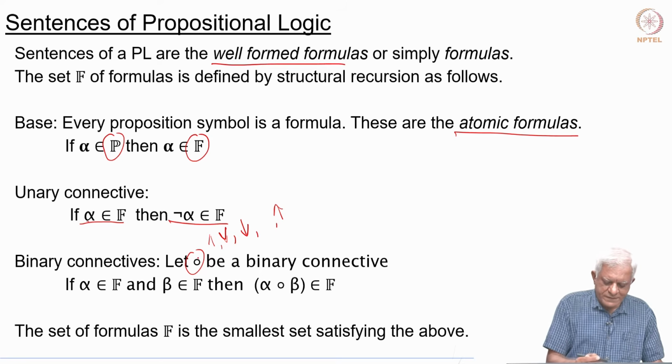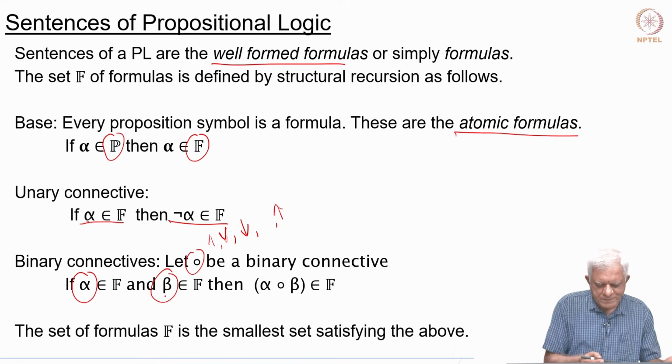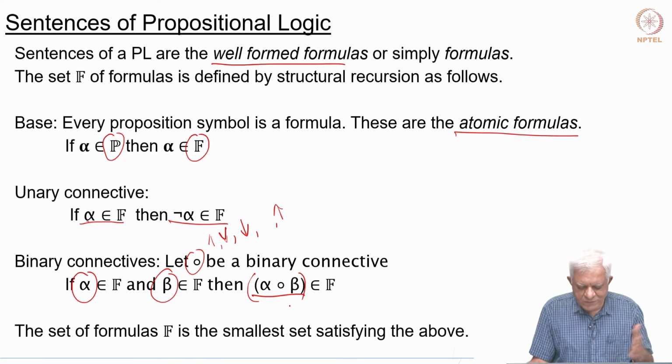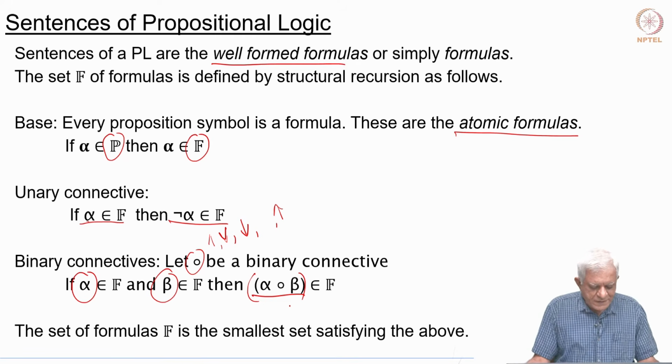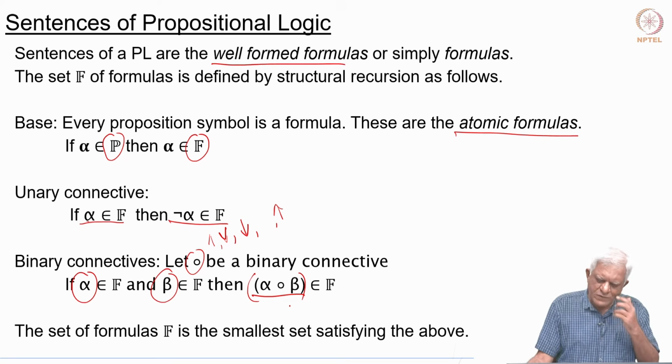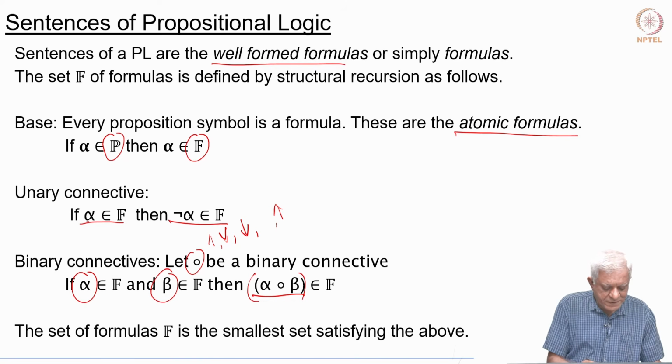If that is a binary connective, and alpha is a formula and beta is a formula, then we take the connective, we put brackets around it, and we say okay, this is a new formula, and that is how we can construct more and more formulas, as we do when we give definitions of sets mathematically.